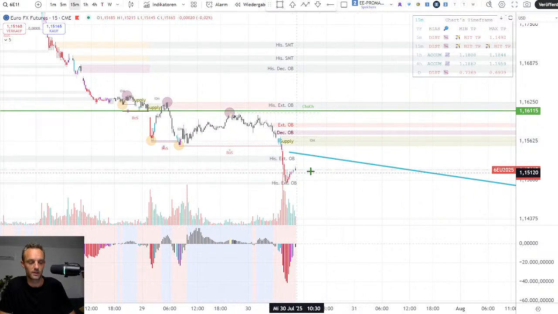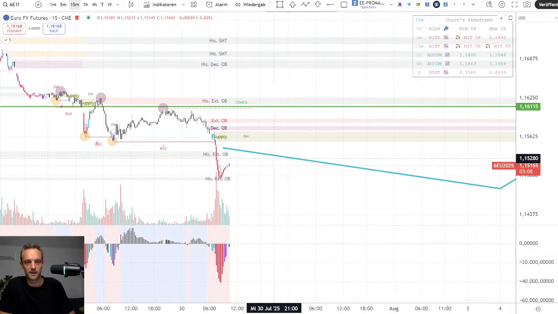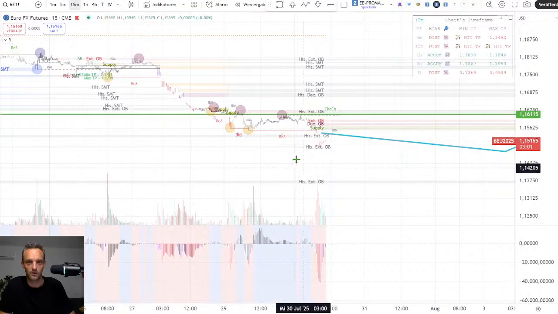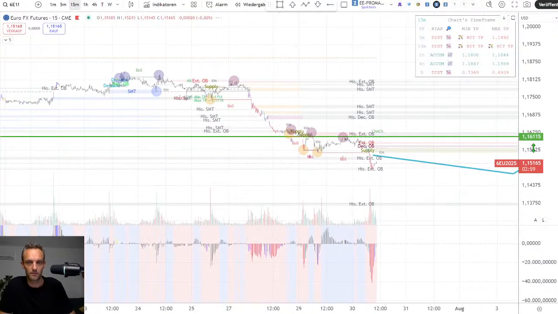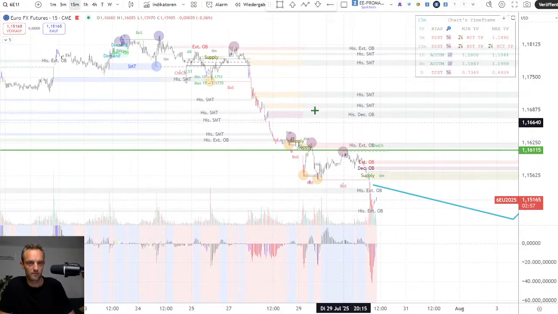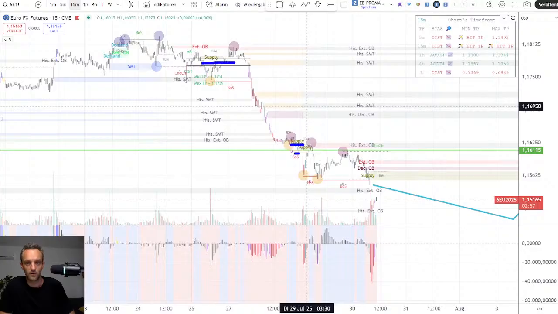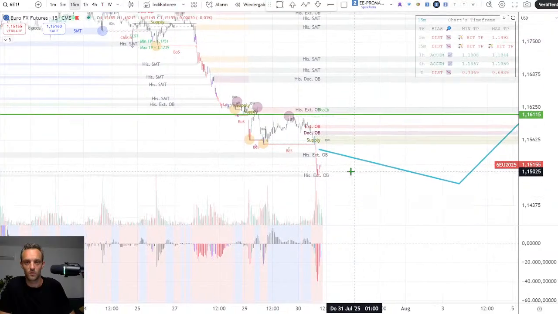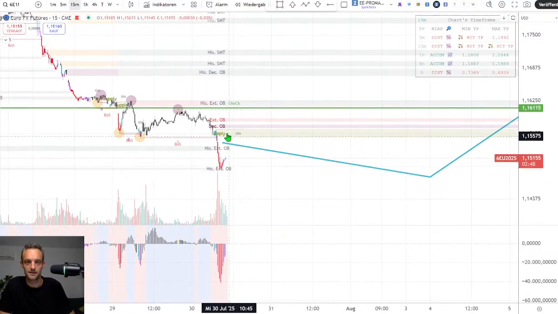So nothing to do here. As long as this market stays below the supply in the 50-minute chart, how many supplies do we have? Let's count them. 1, 2, 3, 4 supplies. So there can be one more supply at least.